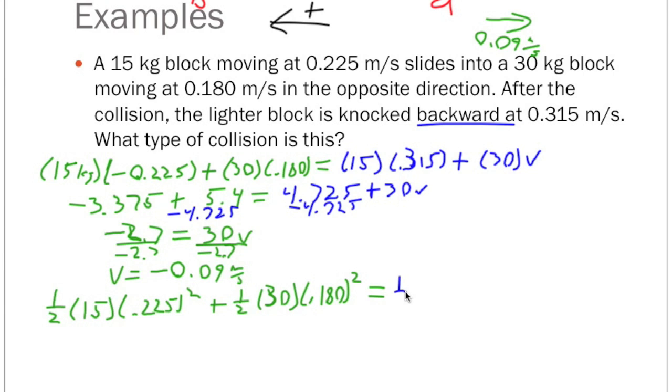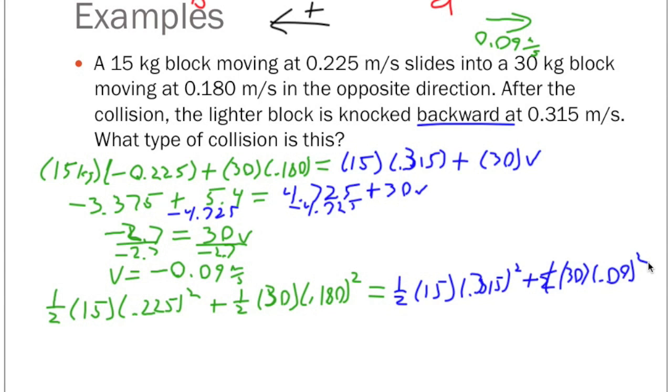Then this equals the kinetic energy afterwards of our 15: 1/2 times 15 times its velocity, 0.315 squared, plus our last object, the 30: 1/2 times 30 times 0.09 squared.